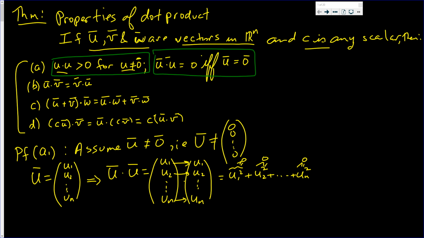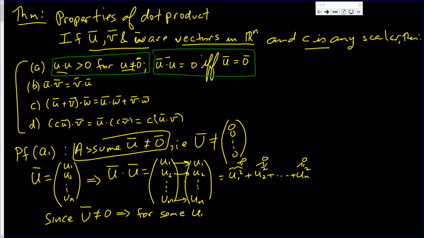Okay. Now, since u is not 0, that is our assumption, that implies that for some i, u sub i is not 0. Well, that will imply that u sub i squared will be positive.